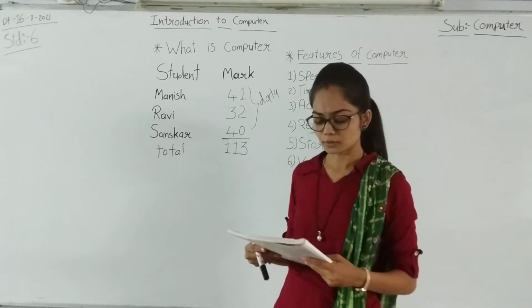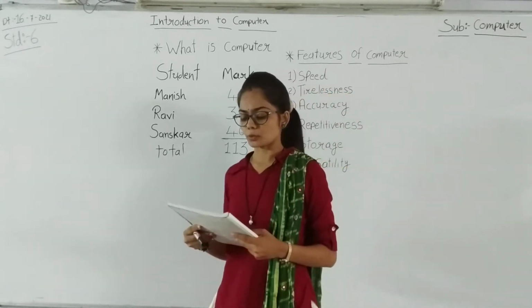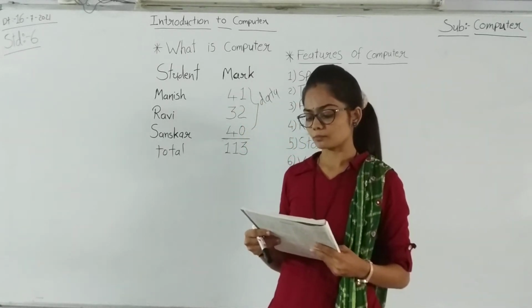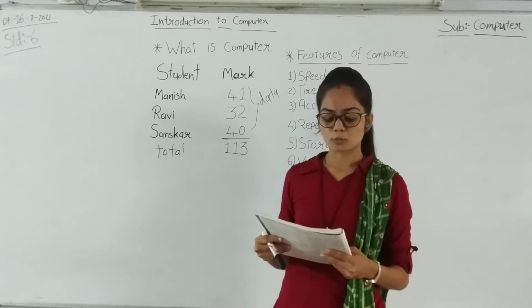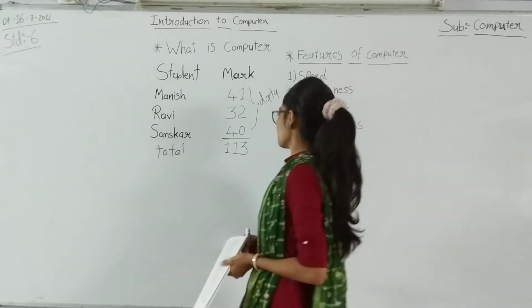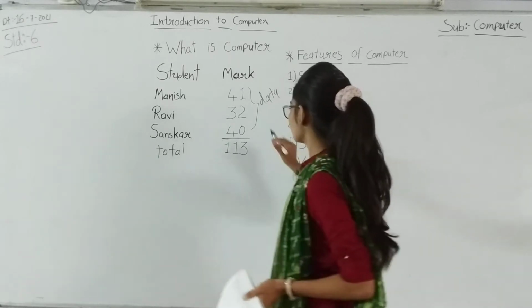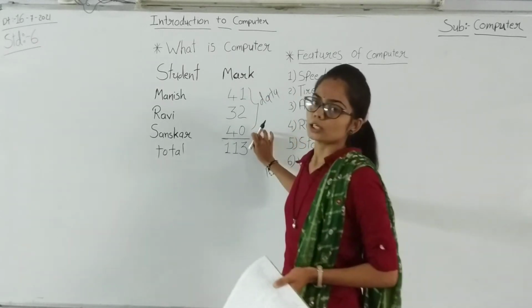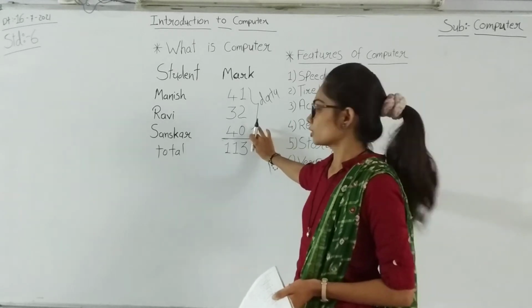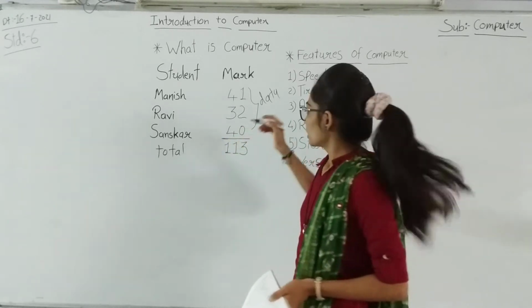Okay, dear student? A computer processes the input data with the help of a program to generate information as an output. A computer processes data. These are all data. If we want output from a computer, we must input something.